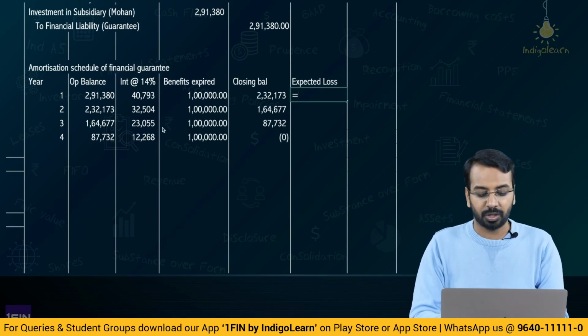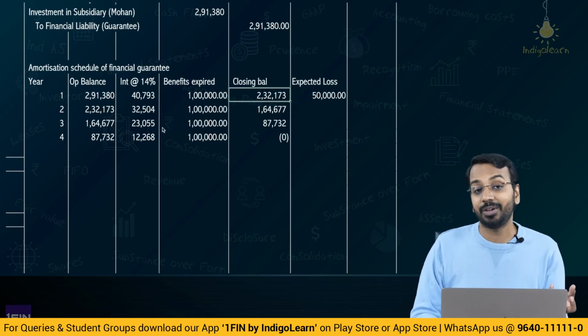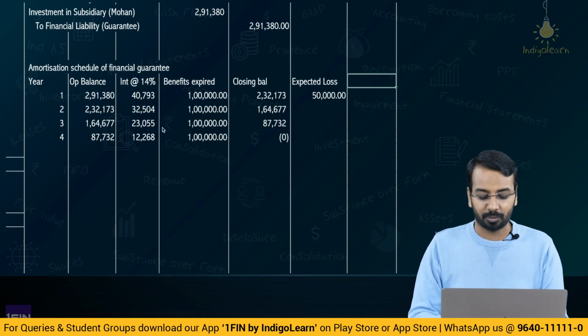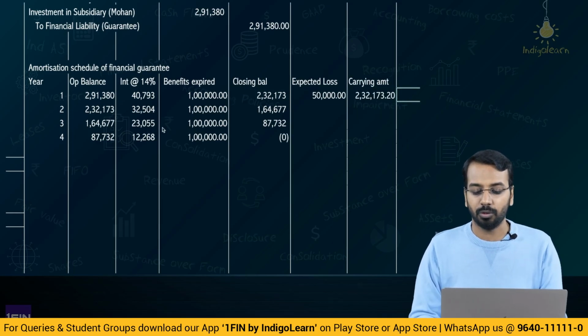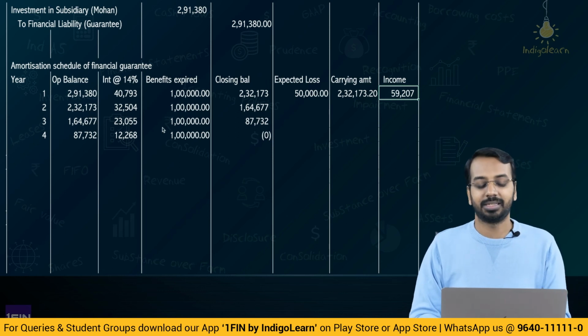Expected loss is 25 lakhs into 2%, which is 50,000. Okay. Now, if 50,000 is the expected loss and the liability we are saying is 232, what is the carrying amount? Carrying amount will be higher, which is 232. So, income will be recognized considering the opening balance minus the carrying amount. You will say 59,207 is the income.